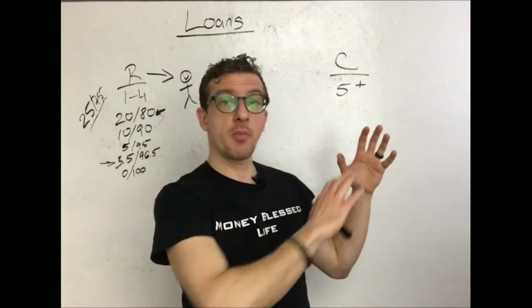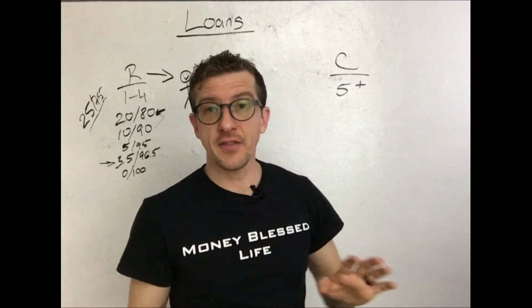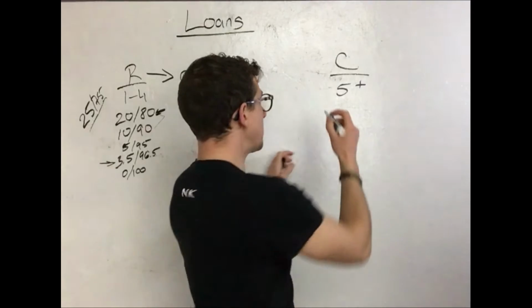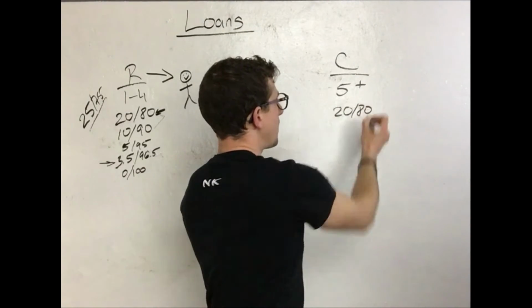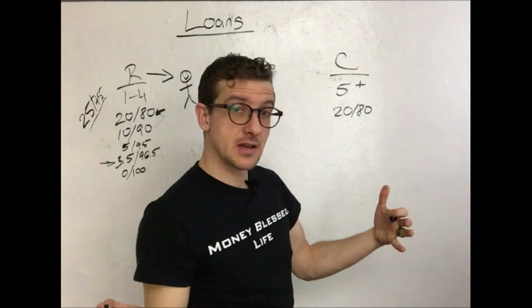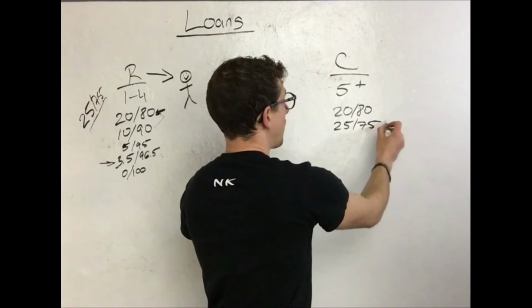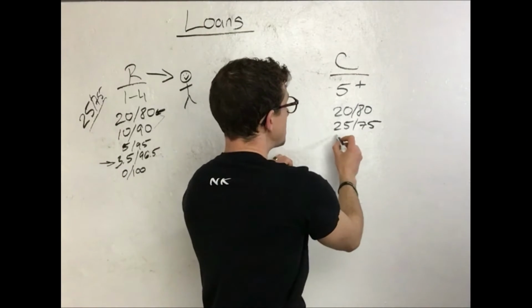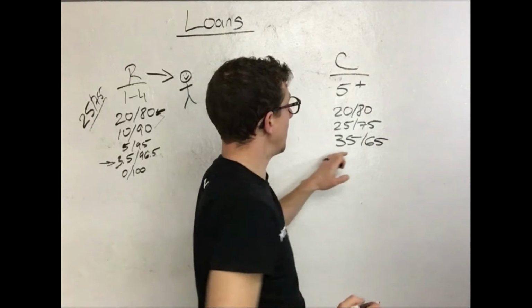Now, we're going to jump on to the commercial loans. Commercial loans are 5 units and up, and typically it's going to be, again, 20/80, meaning 20% down, 80% loan. You will also see 25/75 quite a bit. Sometimes you will even see 35/65.